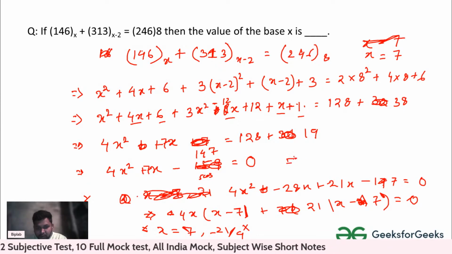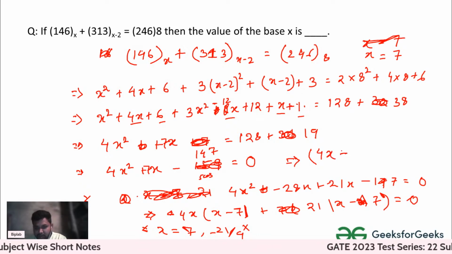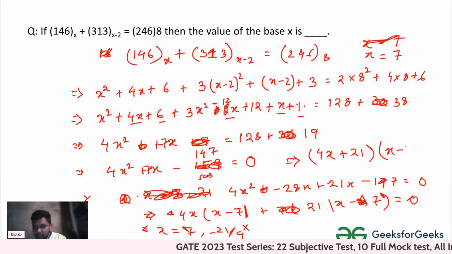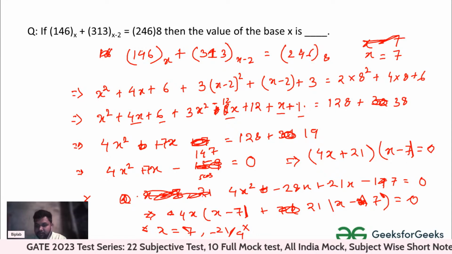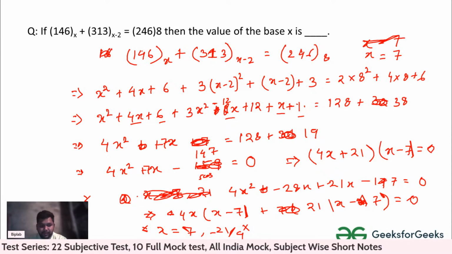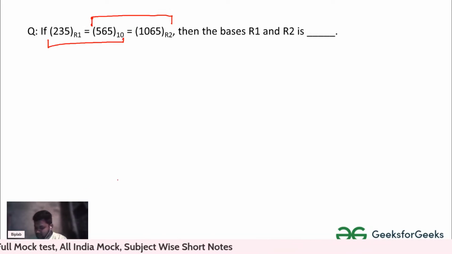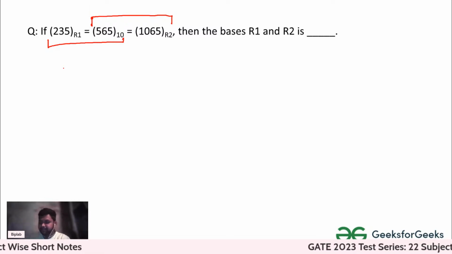If you want me to write it in a proper way, that is 4x plus 21 into x minus 7 equals 0. So okay, let's solve this.